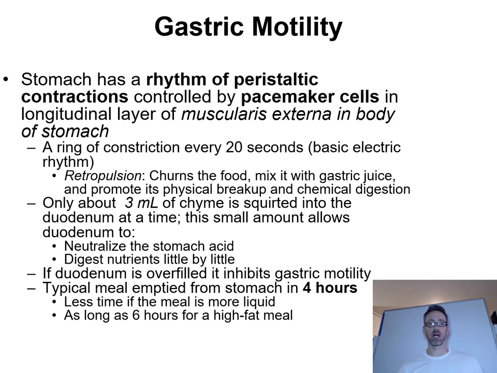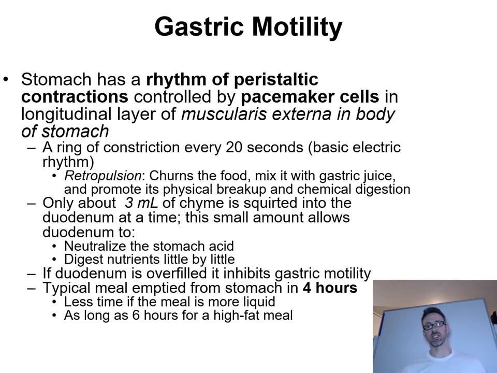At the same time, it also helps the small intestine to digest the food more optimally, little by little. If the duodenum gets overfilled for some reason, it will send a signal backwards towards the stomach and inhibit gastric motility until it's able to handle the load that it has. So there is some feedback.